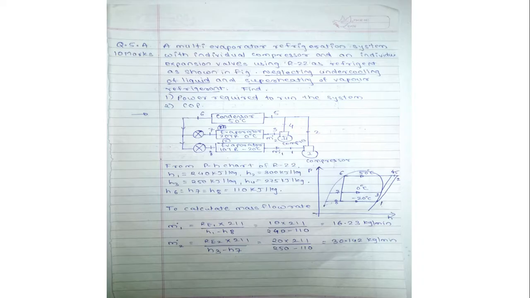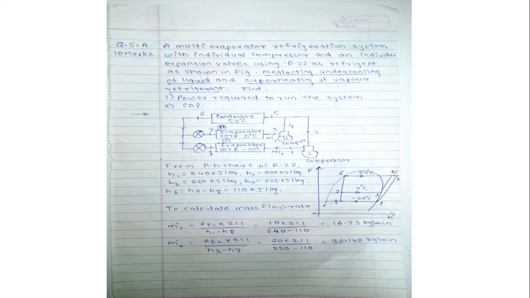That means at the outlet of the condenser, point 6 is on the saturated liquid line, and at the inlet of the compressor, points 1 and 3 are on the saturated vapor line. If they do not mention it, we have to consider this. If they clearly mention that there is no need, we have to neglect it, so we are neglecting that.